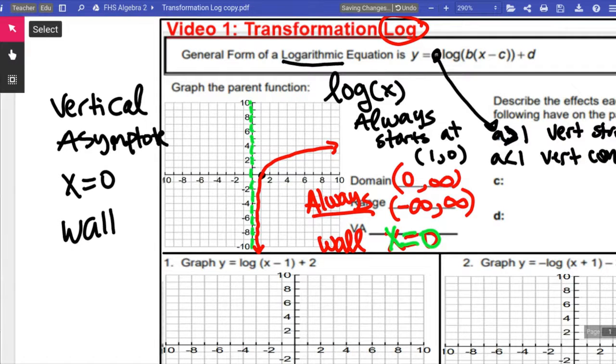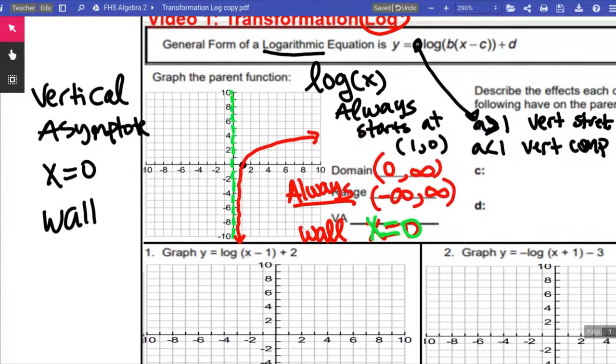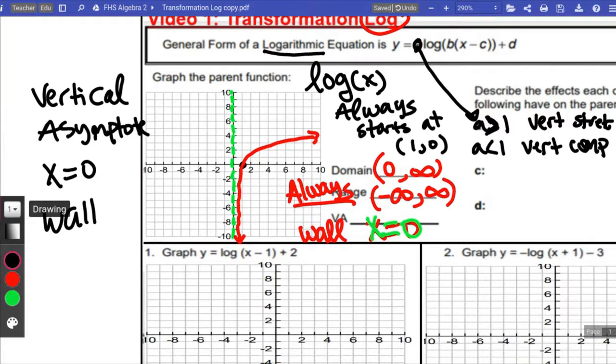All right, just remember those. Now c: when it's positive, we go to the left, to the left. And if it's negative, to the right, to the right. Same thing with the value of d. If it's positive, we go all the way up. If it's negative, all the way down.